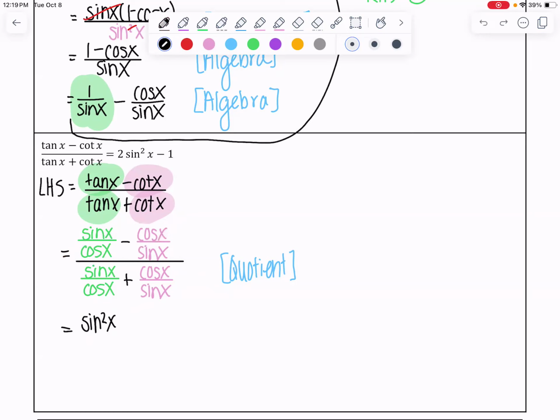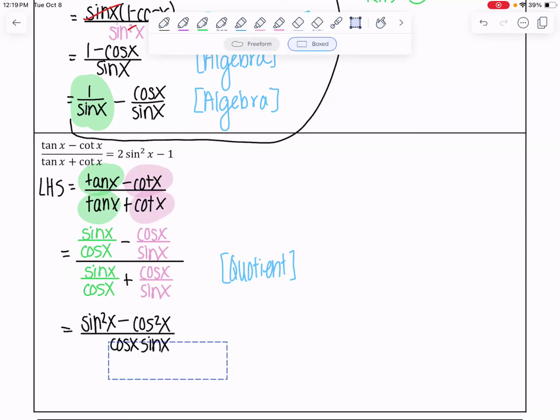And then it's a minus sign in the middle, minus cosine x times cosine x, so cosine squared x, all divided by these two multiplied together, cosine x, sine x. All right, so we've simplified the very top part of the fraction.